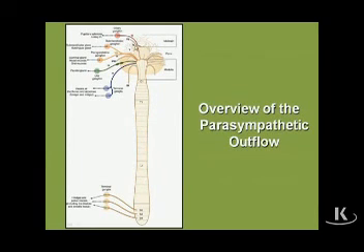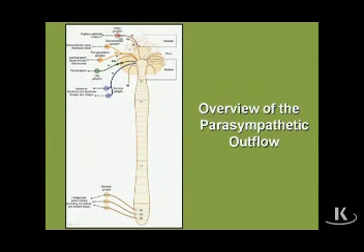And here the relationship is very simple. All of the preganglionics in the third nerve synapse in the ciliary ganglion, all of the preganglionics in the ninth nerve synapse in the otic ganglion, and all of the preganglionics in the seventh nerve synapse in either the submandibular or pterygopalatine ganglion. So that takes care of the preganglionics.